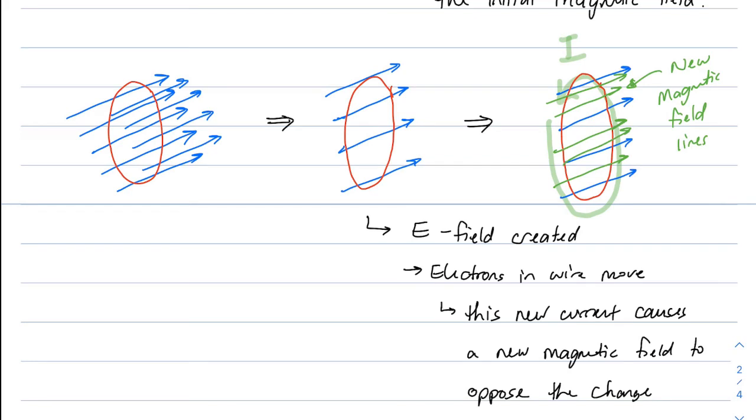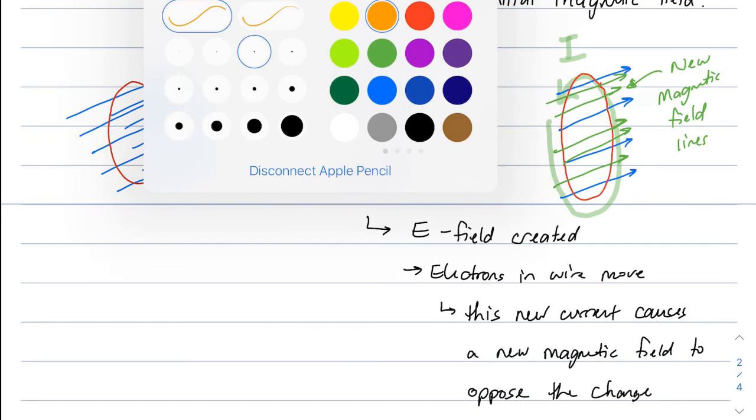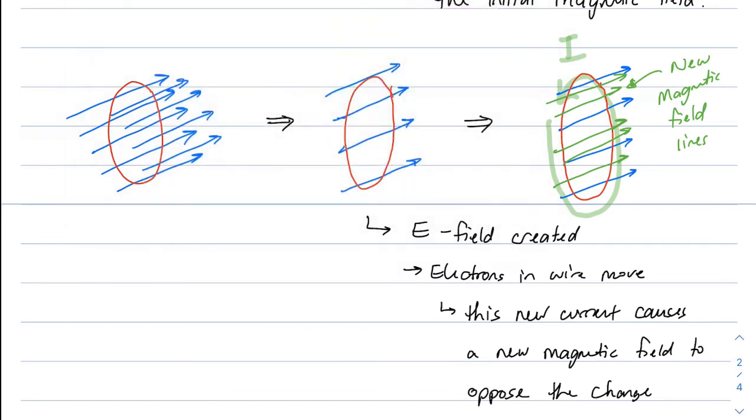So step by step again, in this case here, I have my original magnetic field. All of a sudden, my magnetic field decreases, which means I've got a changing magnetic field.